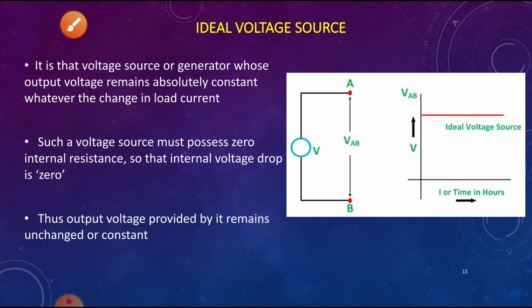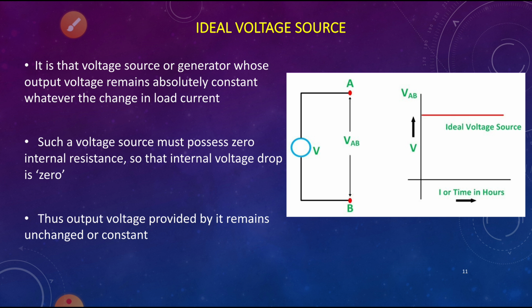Now, the output voltage provided by it remains unchanged, that is, constant. We assume this is constant, that is the ideal voltage source. There are no losses, there is no resistance inside.